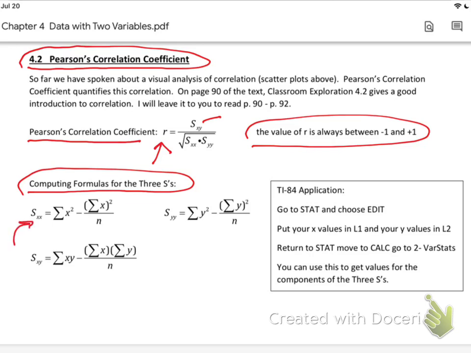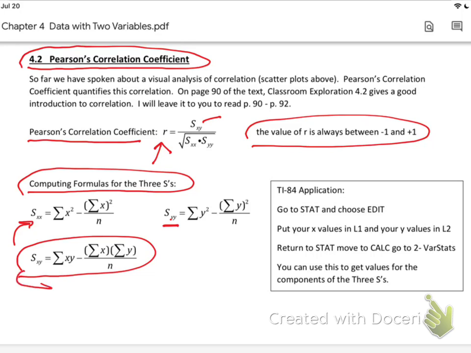The SXX is really the numerator of the variance of the X values. The SYY is similar, the numerator for variance of the Y variables. This is the most important feature: the SXY gives you a relationship between the X and Y variables, and that's really what we're trying to capture.